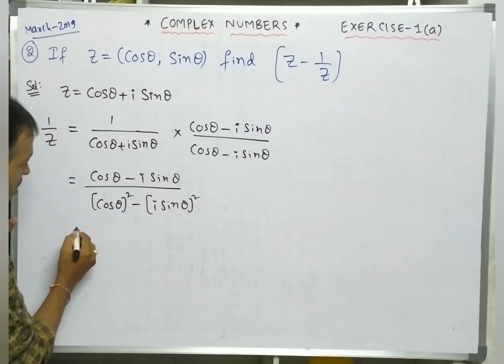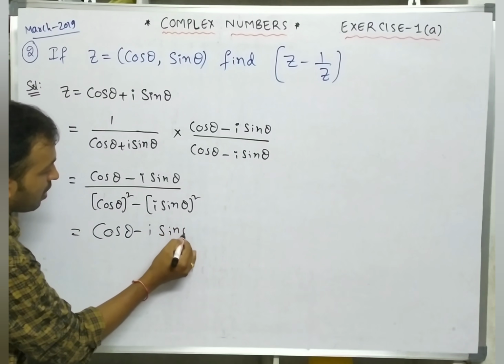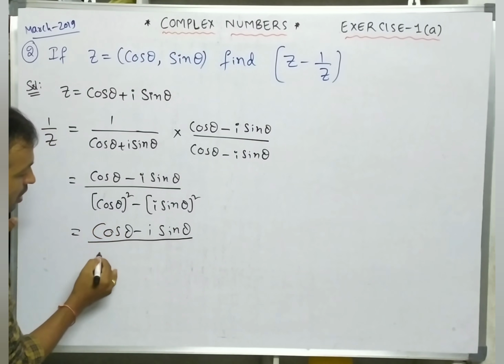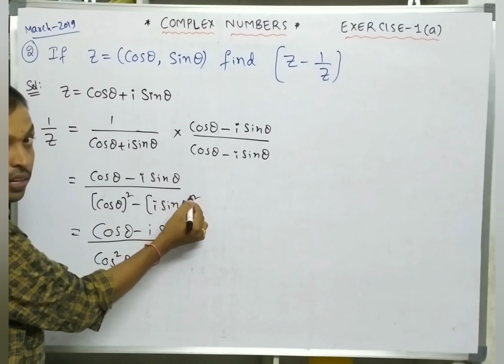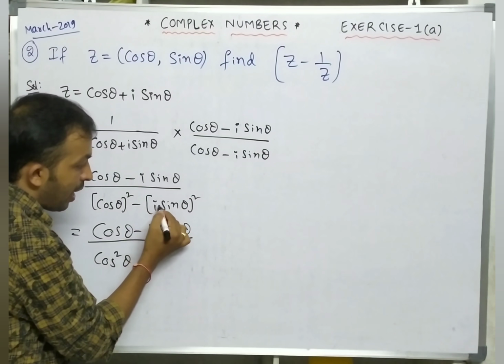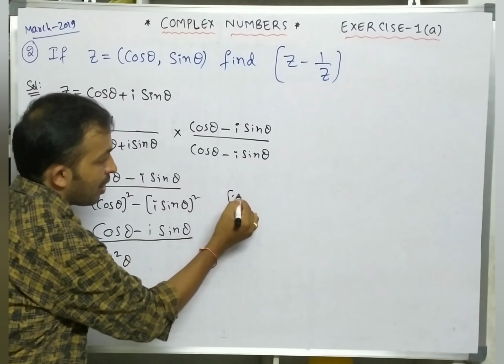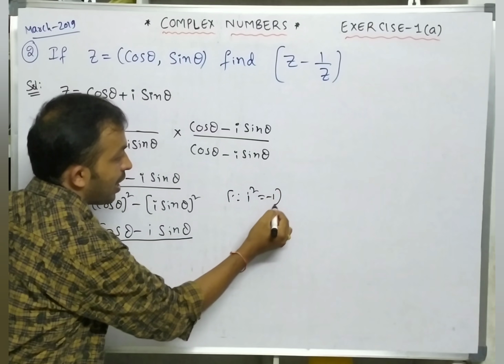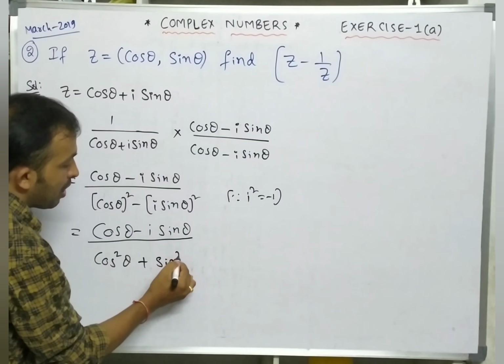Next, cos theta minus i sin theta by, this is cos square theta, here i square, this is minus i square sin square theta. i square is nothing but minus 1, since i square is equal to minus 1, so minus into minus plus sin square theta.